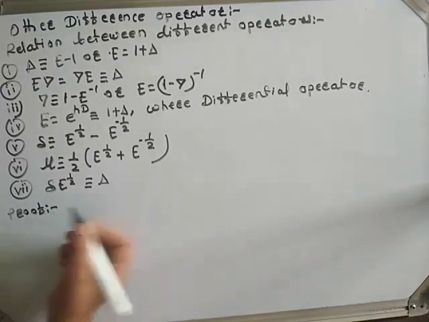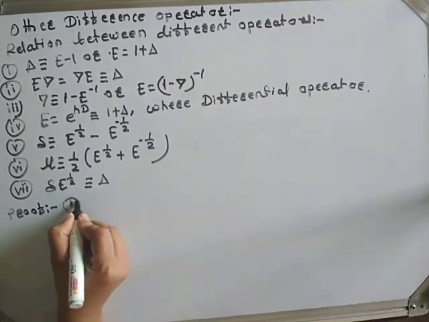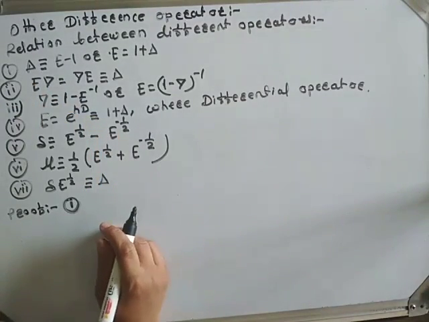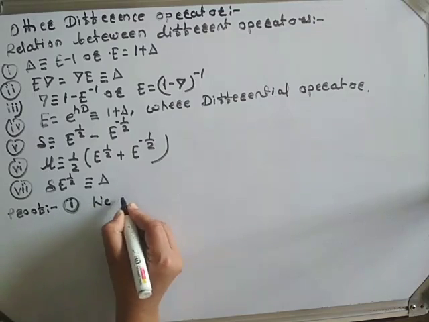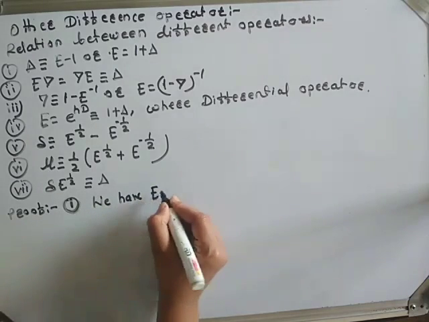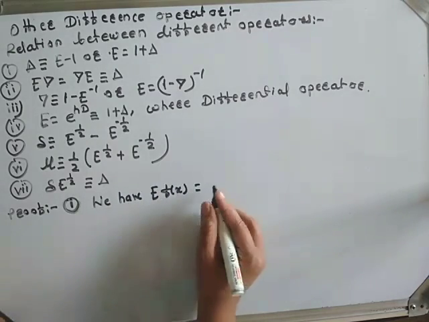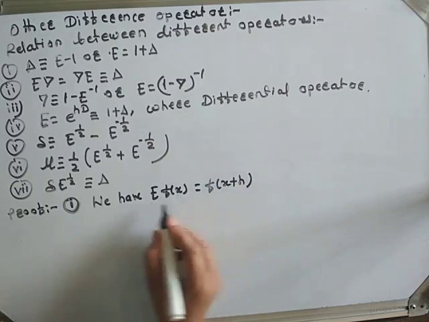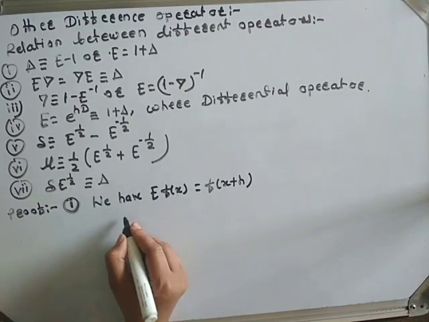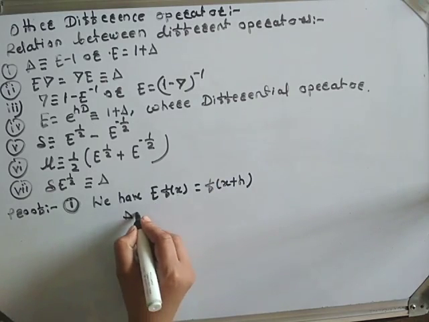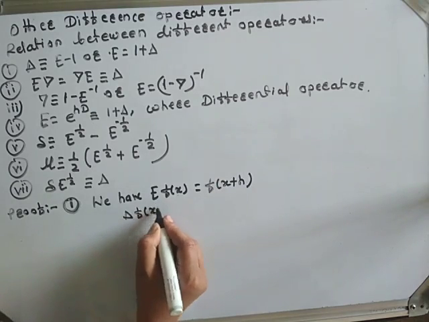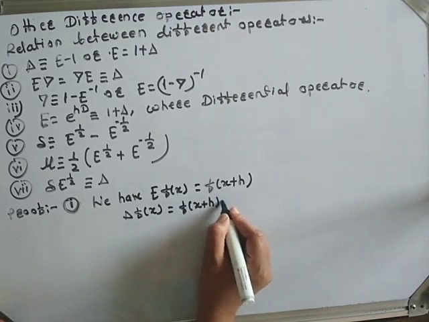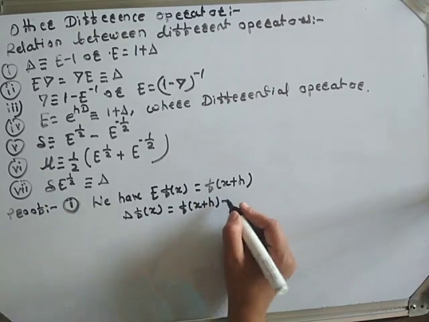Proof. In first relation, we have to prove that delta is equal to E minus 1. Okay. We have E of f of x is equal to what? F of x plus h. Okay. Delta of f of x is equal to f of x plus h minus f of x.